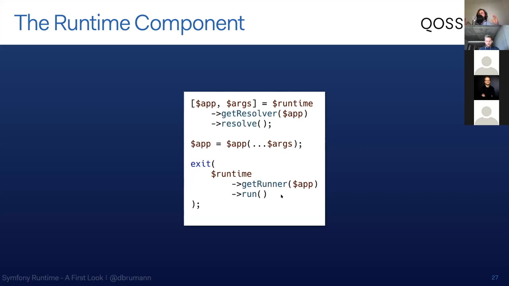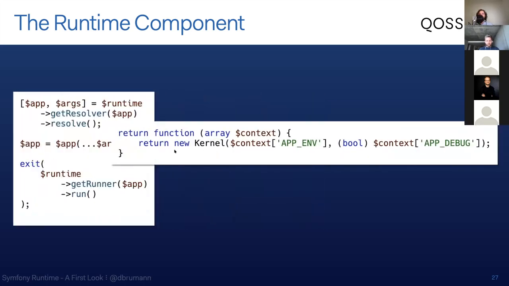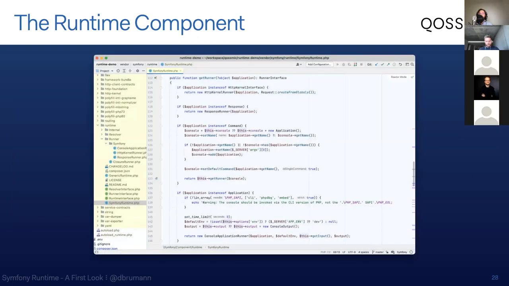What you can use as a kind of help is that the resolver stage is basically everything that happened before you have your new kernel in the current index PHP, and the runtime run is basically everything that happens after you have this kernel, or in terms of a console application, the application object. So it's basically the before and the after stage of your bootstrap thing. And yeah, so here you can see that once you call the callable, you would get this kernel object back, and that would basically then handle the request.